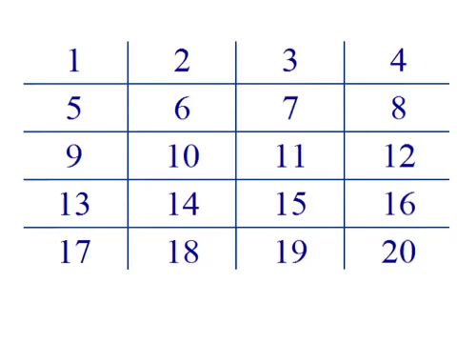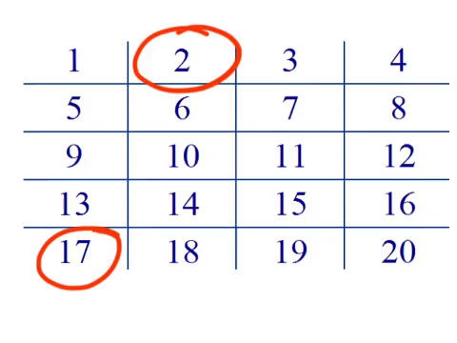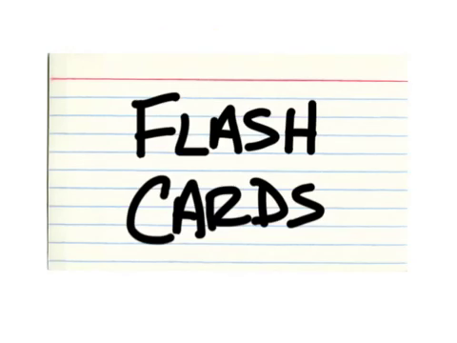Alright, numbers for today are 17 and 2. Never mind, I'm changing it from 2. Just kidding. There it is. Yeah. Just 2? Alright. Pick 2 numbers. Flashcards.